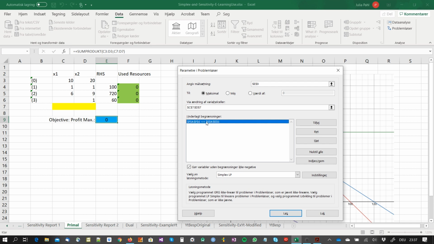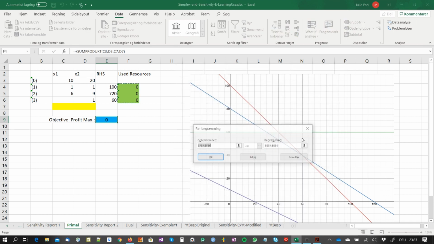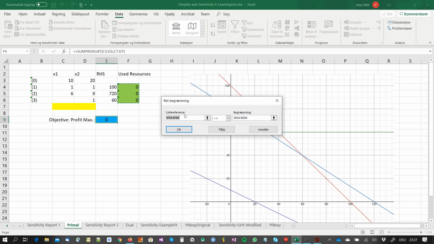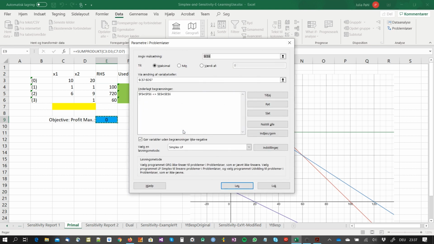And then the next thing we need to give to Excel is the constraints, so the boundaries, and for that purpose we give the used resources to Excel and say this should be smaller or equal to the right-hand side. Yeah, and then we are done.